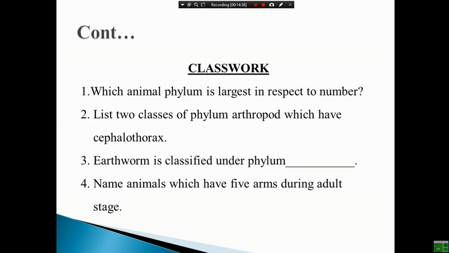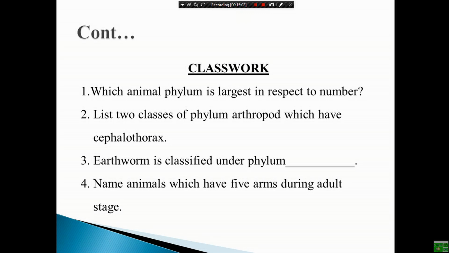These classes are class Arachnida, which are spiders and scorpions, and class Crustaceans, which are lobster, woodlice, and water flea. So the 2 classes of phylum Arthropoda which have cephalothorax are class Arachnida and class Crustaceans.